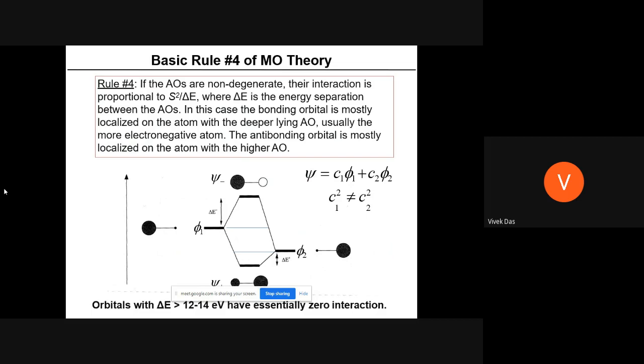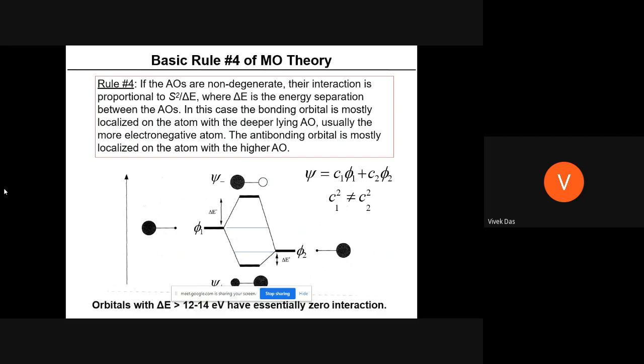And usually the bonding orbital is mostly localized on the atom with the deeper lying atomic orbital. So this bonding orbital will always be close to the more electronegative atom, which lies deeper.